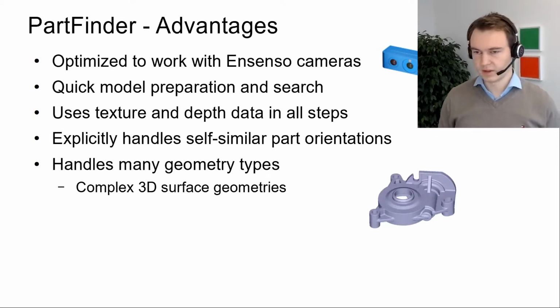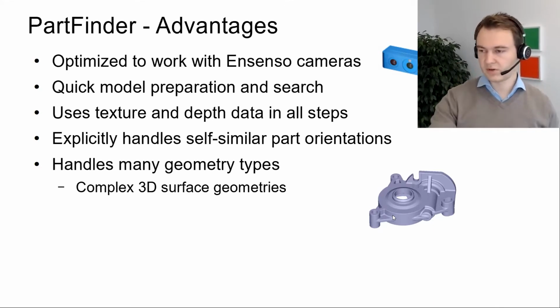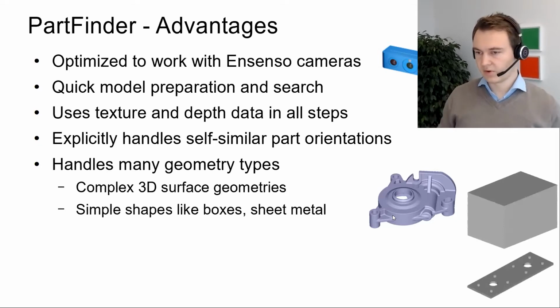And then last but not least, we paid attention to have the whole algorithm work reliably on all kinds of surface geometries. There are, of course, complex geometries like the part shown here, which has all kinds of surface orientations, lots of smaller 3D details, features, and so on. But there are also simpler parts.